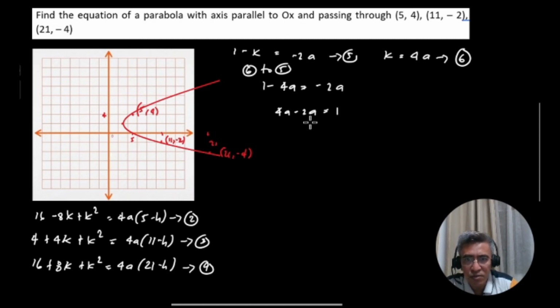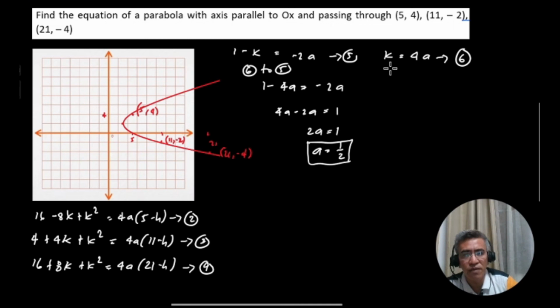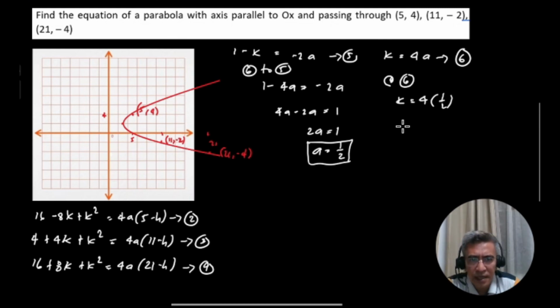And 4a minus 2a, that's 2a and 1, so a is equal to 1 half. So we have now the value for a, and using equation 6, k is equal to 4 times 1 half, and k is equal to 2.